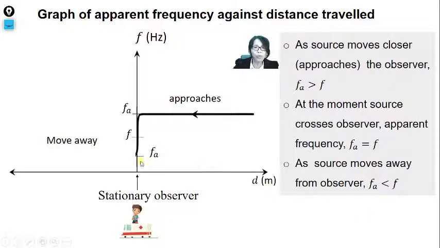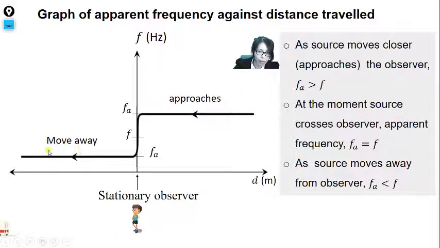As the source moves away from the observer, at that moment we will find out that our apparent frequency will be less than the actual frequency. Okay, so for moving away, our apparent frequency will be less than our actual frequency. So this is the pattern or the shape of the graph if we plot apparent frequency against distance travelled.